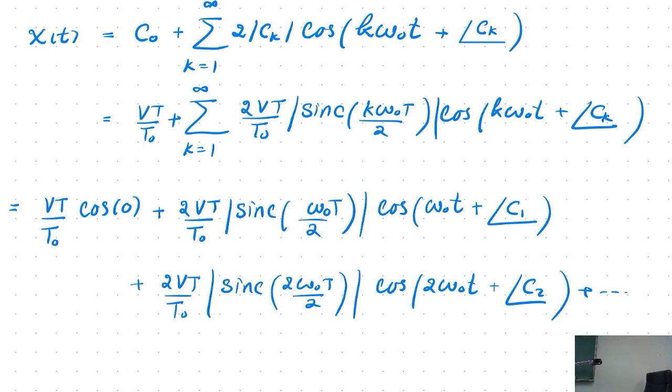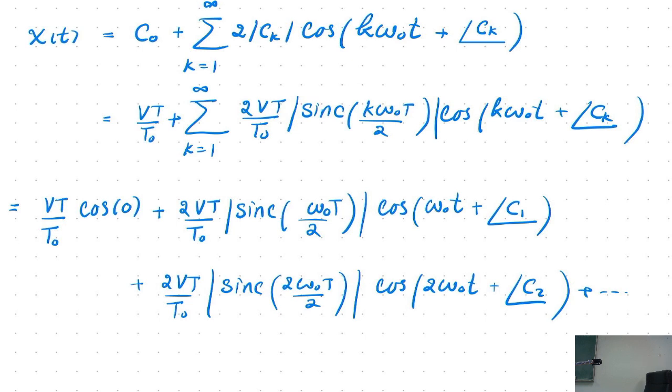Now we have only positive frequencies. This is at frequency 0. So this is the component of x(t) at frequency 0. This is the component of x(t) at frequency omega 0, which is the fundamental frequency. Omega 0 is the frequency of x(t), right?